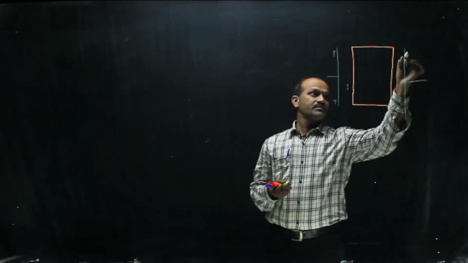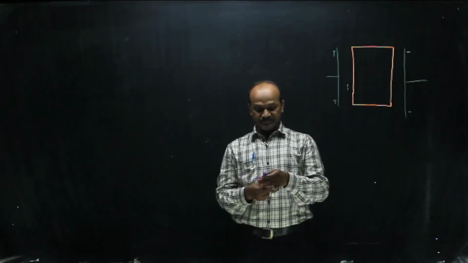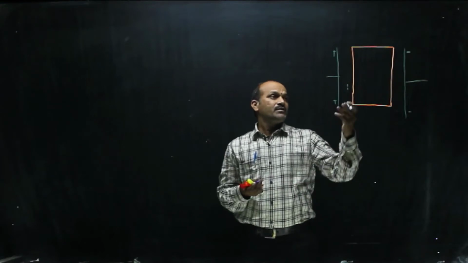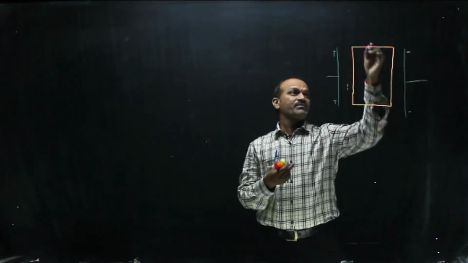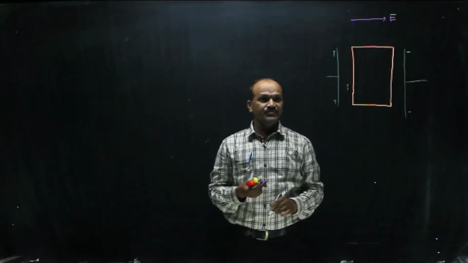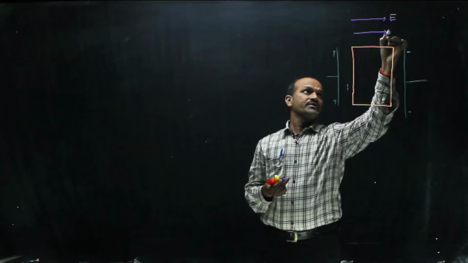Due to the external charge density, some uniform electric field will be produced between the plates of the capacitor. This is the applied field. This is the direction.